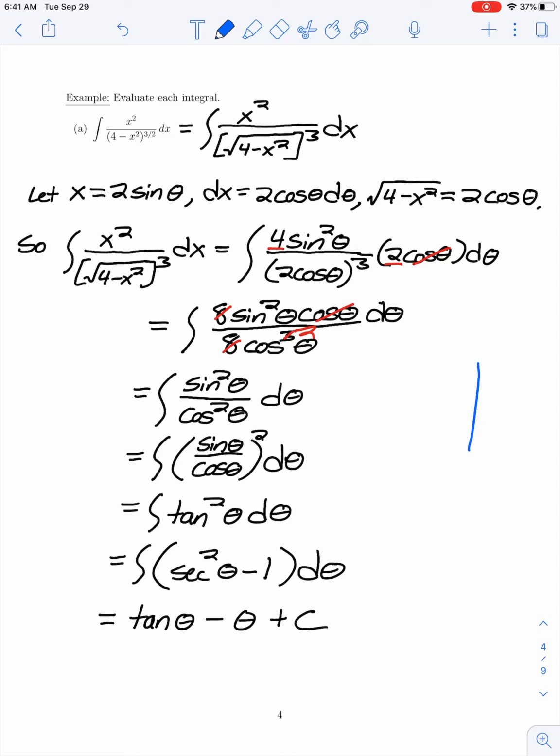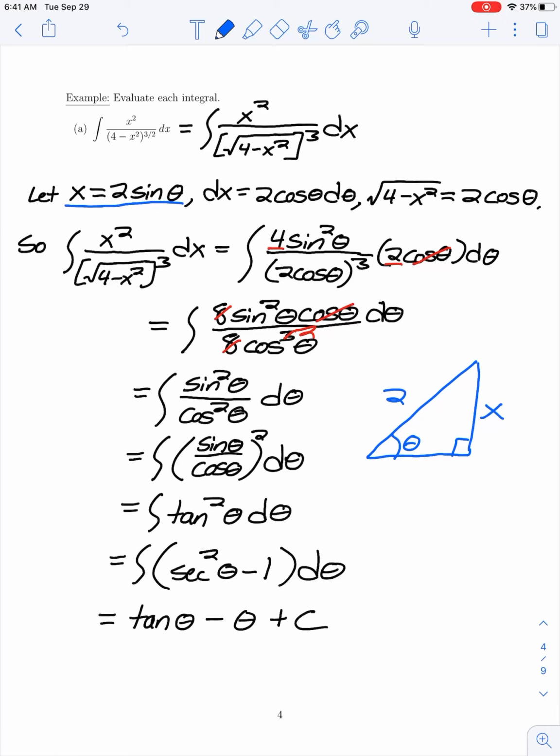So let's consider a little scratch work to the side here. If we consider a right triangle formed by this angle theta, well, looking at the substitution that we made, x was equal to 2 sine of theta, or sine of theta is equal to x over 2. And in terms of the sides of a triangle, sine of theta is defined as the opposite over the hypotenuse.